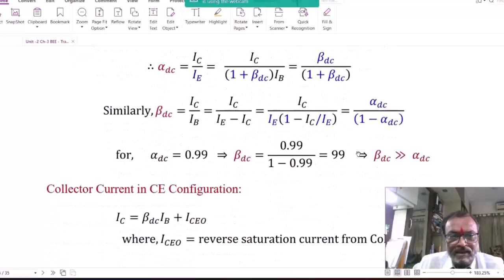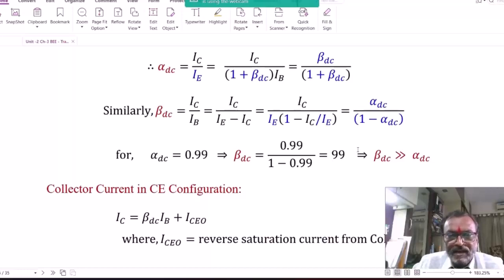Similarly, beta DC is equal to IC by IB, we have just defined. But IB is nothing but IE minus IC. Substitute the value of IE and take IE common.